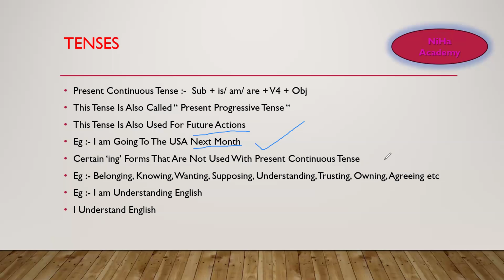We only use "I understand English." Instead: I belong to, I know, I want, I suppose, I understand, I trust, I own, I agree. These are not used in present continuous tense.